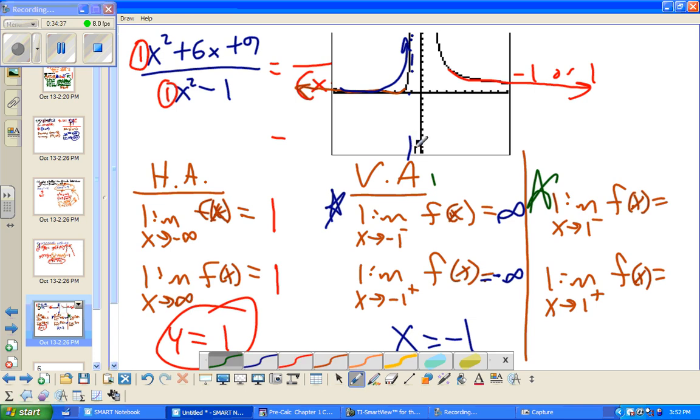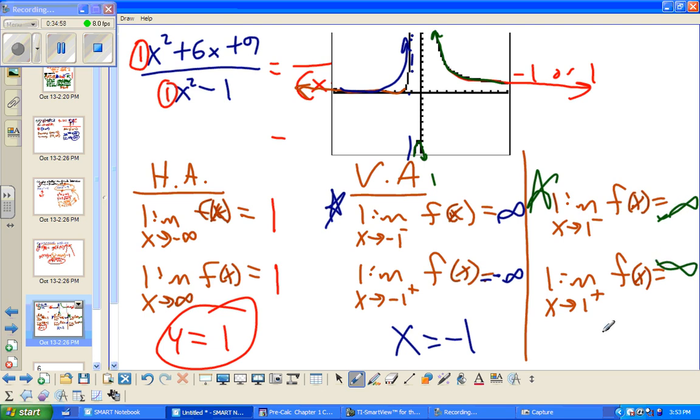Well, as I approach 1 from the left, it comes up, it comes back down, and it's going down towards -infinity again. As I come from the right towards the x value of 1, well, it's going towards +infinity. Again, all I needed was one of these to either be infinity or -infinity, and that would tell me x equals 1 is a vertical asymptote.